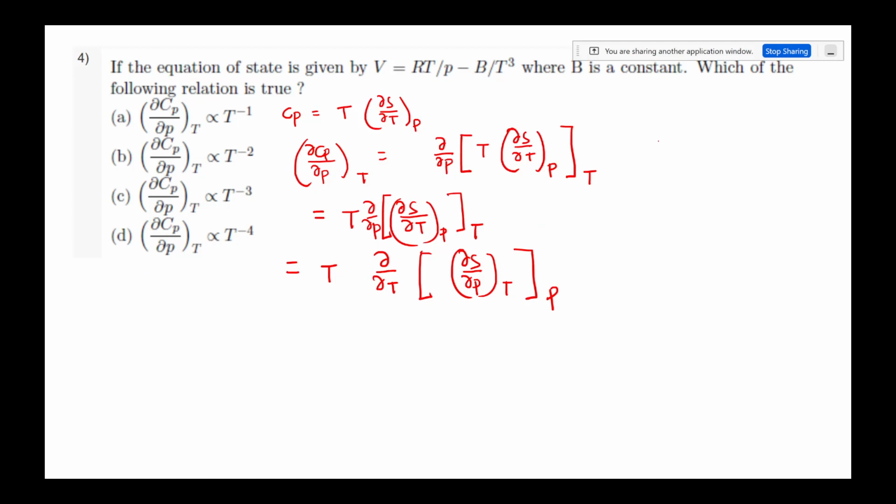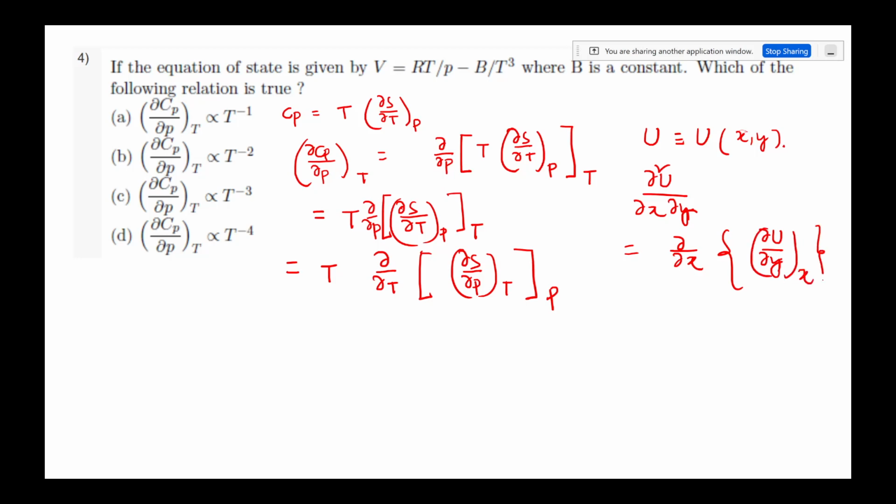How can we write it? Let's say a function u, which is a function of x and y. So del 2 u del x del y is del x of del u del y, keeping x fixed, and here keeping y fixed.